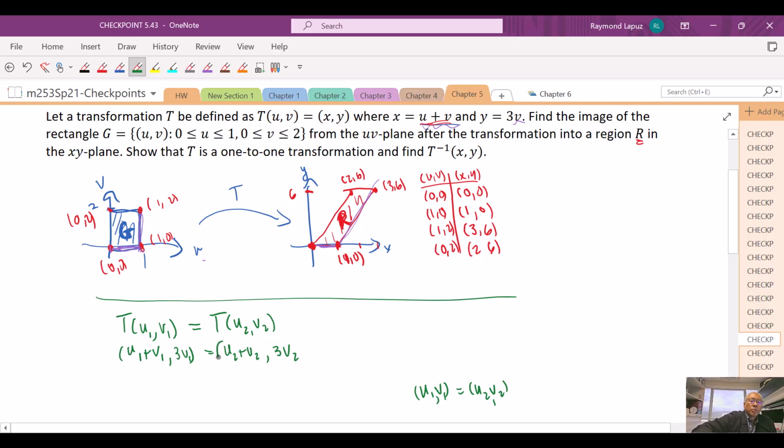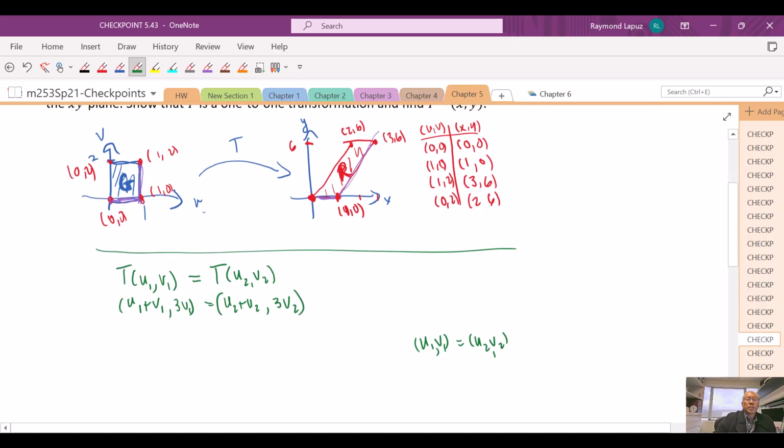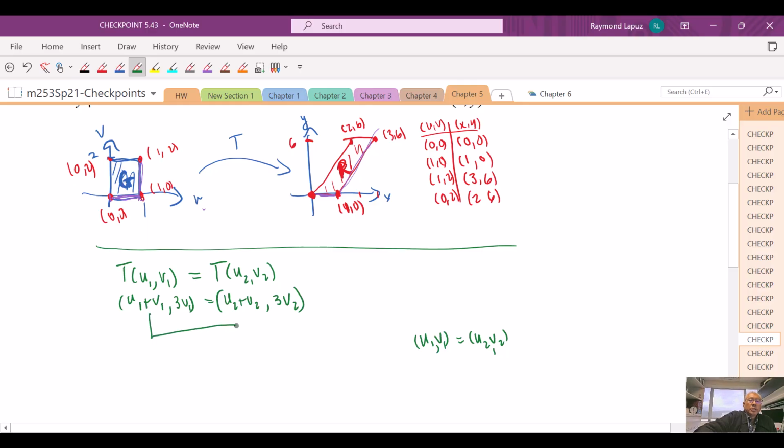So these two points are supposed to be equal to each other, and so we'll set each of these components equal to each other. We're going to get u1 plus v1 equals u2 plus v2, and then we're going to get 3v1 equals 3v2.